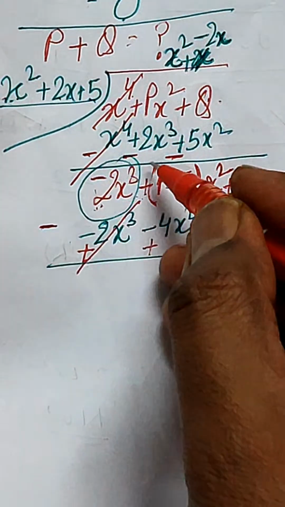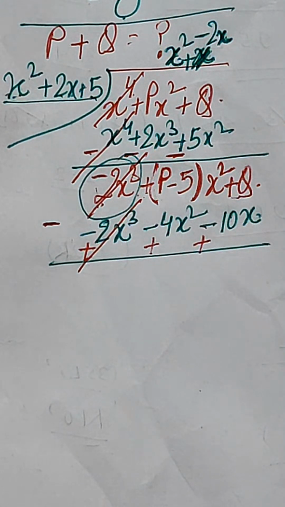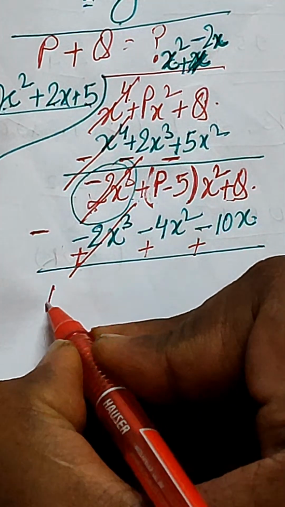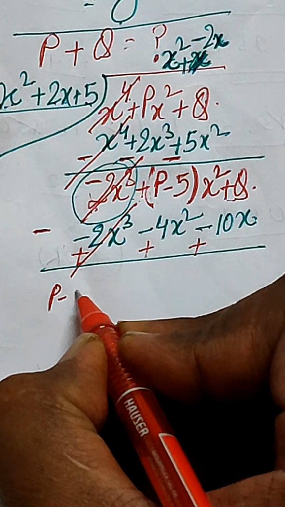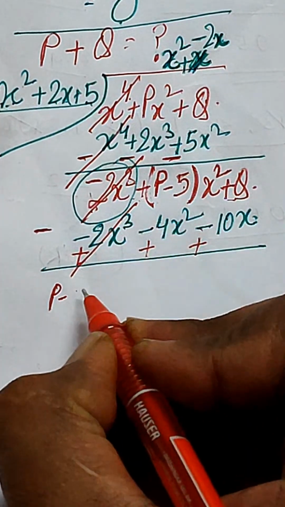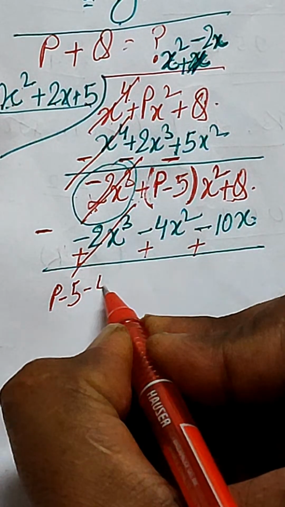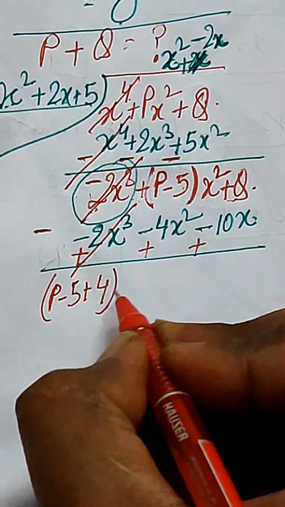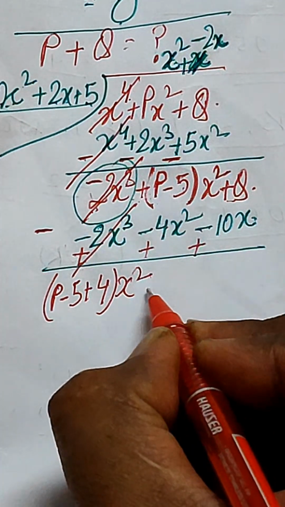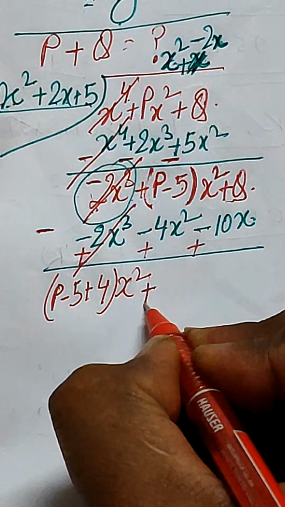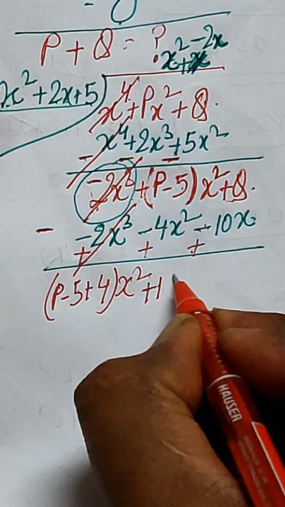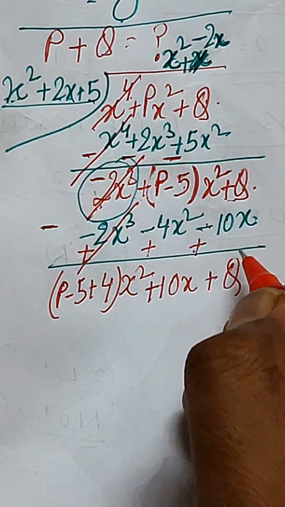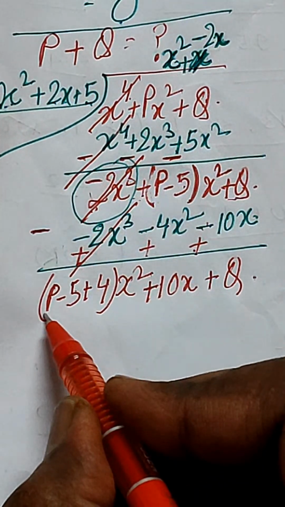So here minus 2x cube cancelled out, and we are left with p minus 5 and plus 4, times x square, plus 10x plus q.